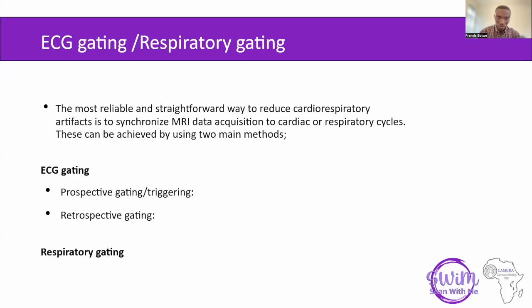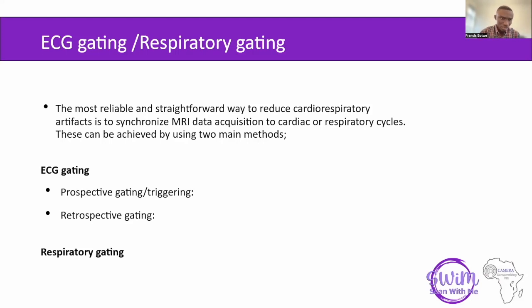So once you are able to regulate the movement of the heart or the respiratory movement, the quality of the images will be very good. So let's look at some of the techniques that we normally use to reduce motion artifacts in cardiac imaging.